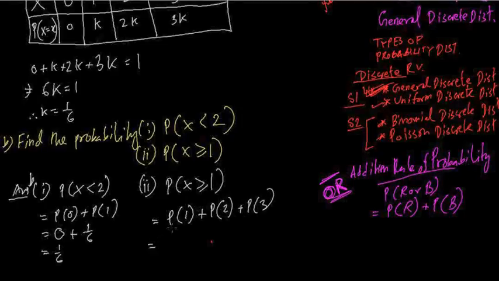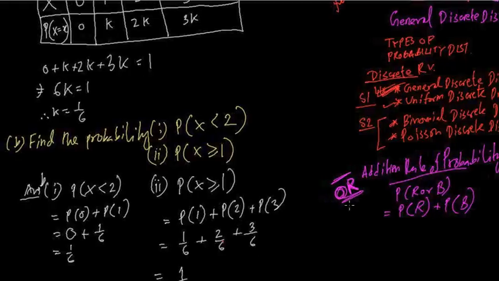Probability of 1 is 1 by 6, probability of 2 is 2 by 6, and the probability of 3 is 3 by 6. So if you add it up, this would be 100%. Since the probability of 0 is 0, if you add it up, this is 100% probability. So this is the second question, and the second question deals with how to find the probability.